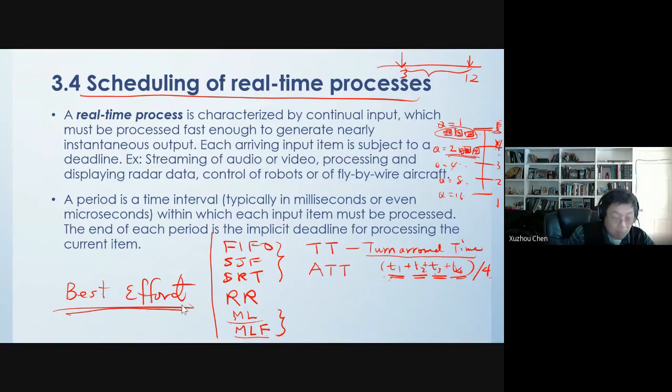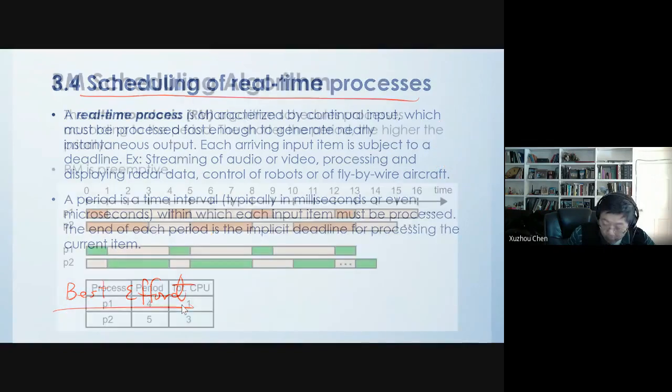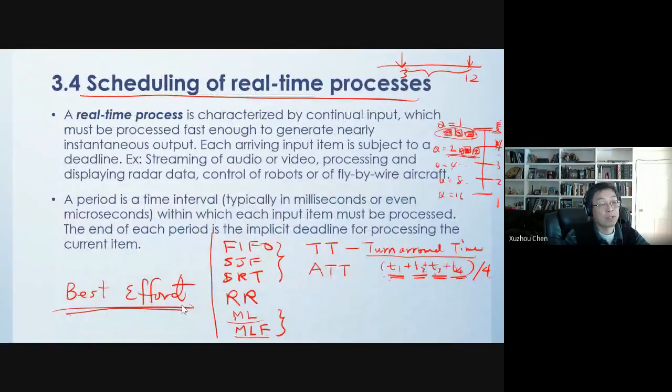Now, the real-time process is kind of different. A real-time process is characterized by continual input, which must be processed fast enough to generate nearly instantaneous output.